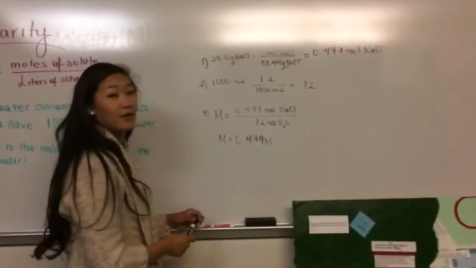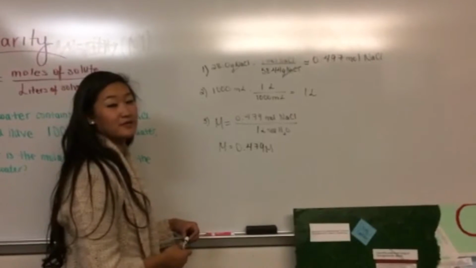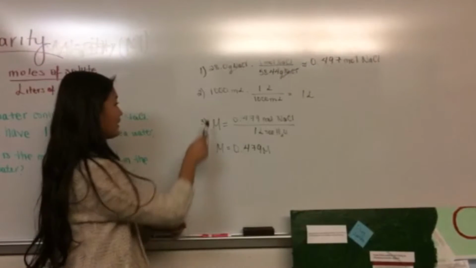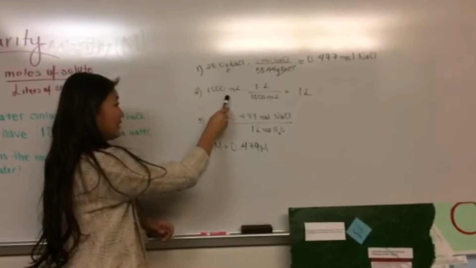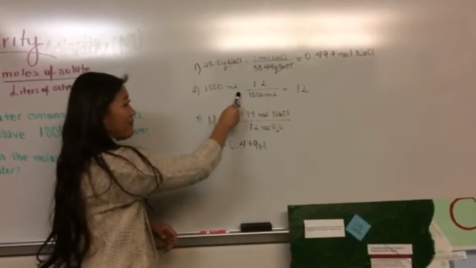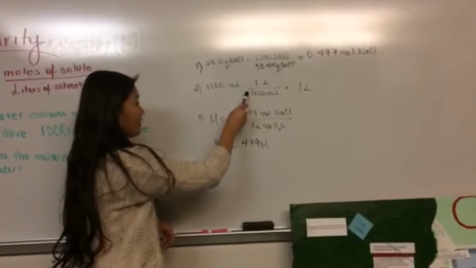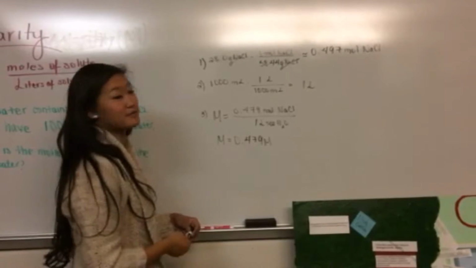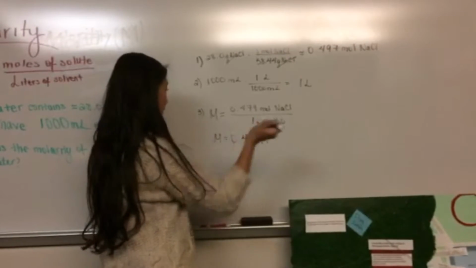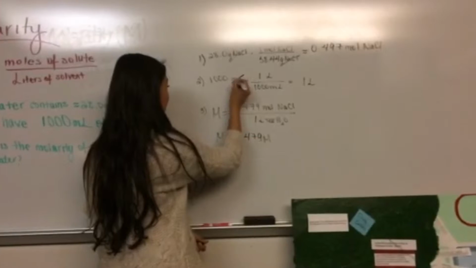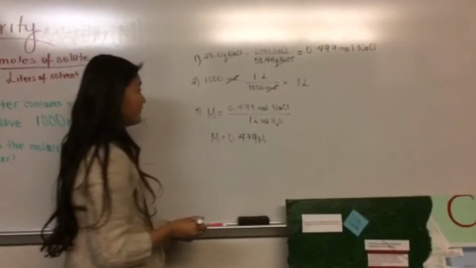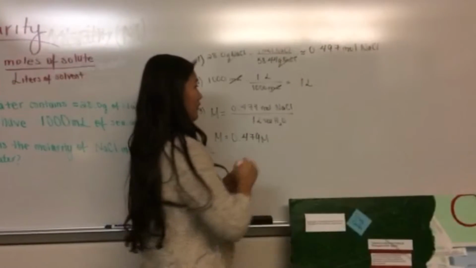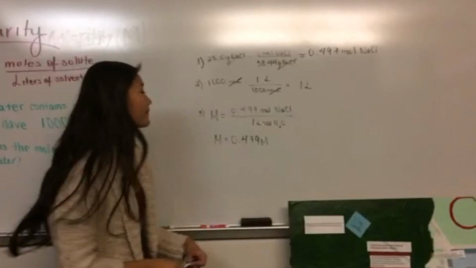Then you're going to convert the milliliters of solvent to liters. So you're going to take 1,000 milliliters and then multiply it by 1 liter per 1,000 milliliters. And the units should cancel out for milliliters, leaving you with your answer of 1 liter of seawater.